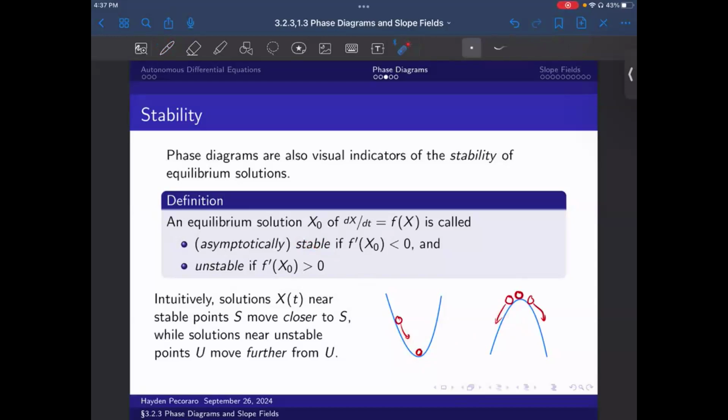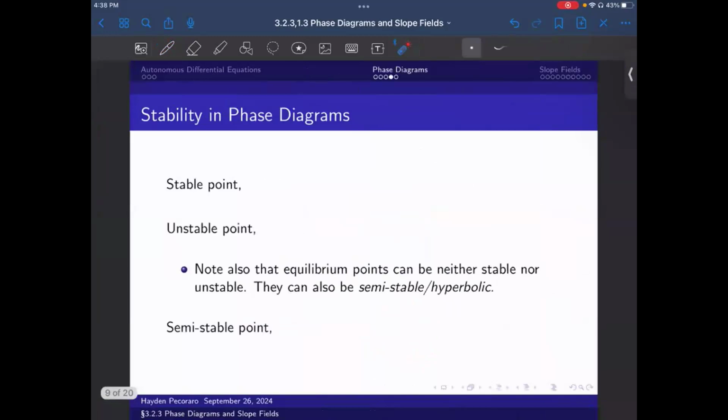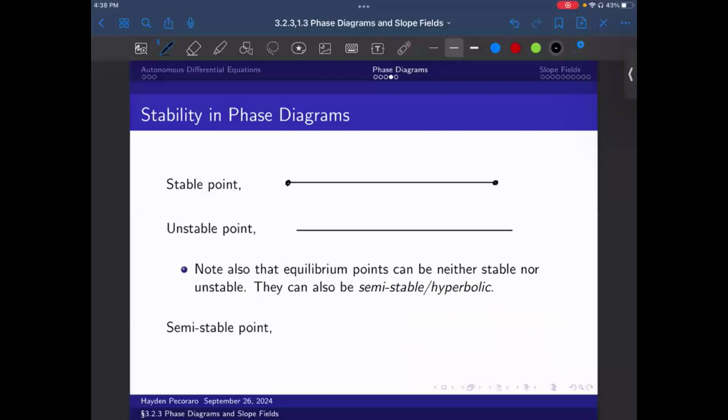So phase diagrams are just ways of talking about limits and talking about which limits you actually go to. So stable points, we might as well draw a picture of them so that we know exactly what we mean. On a phase diagram, a stable point, call it S, has arrows pointing towards it on either side.